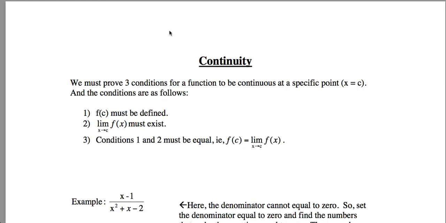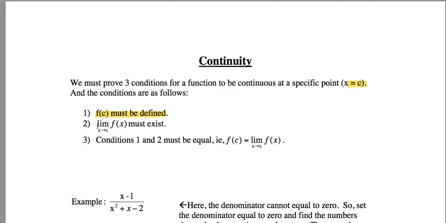Today we're going to look at the concept of continuity. What must be true for a function to be continuous at some x equals c value? Well, three things must be true. The function value must be defined, so we must have a closed dot somewhere at x equals c, above or below.